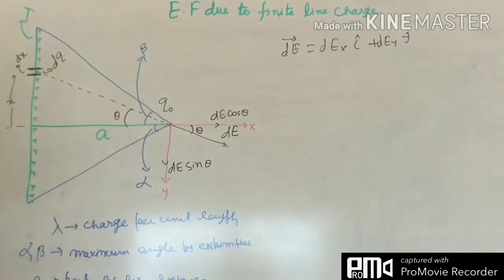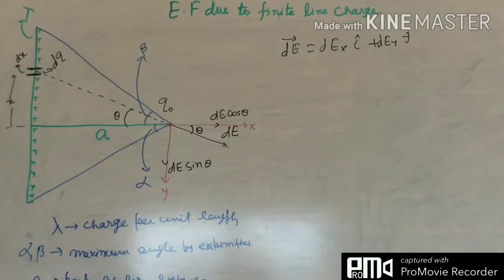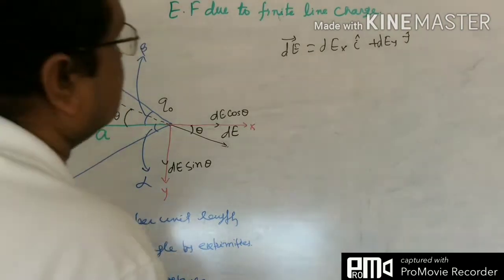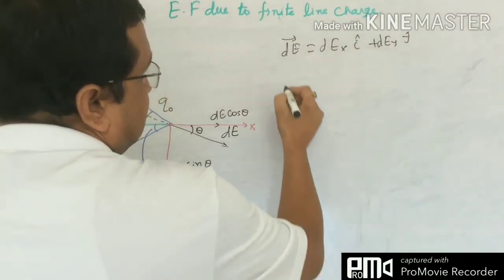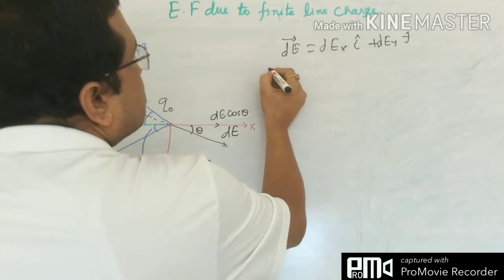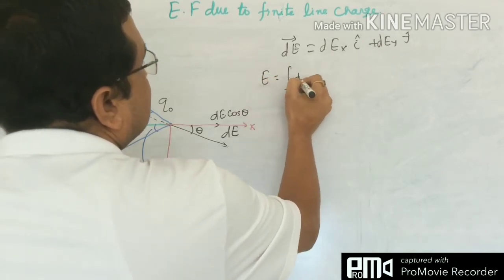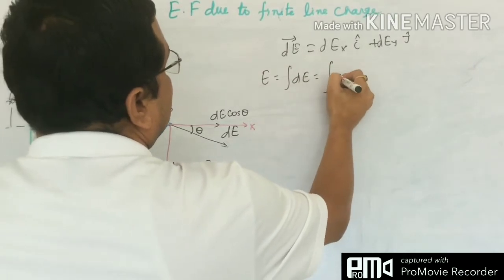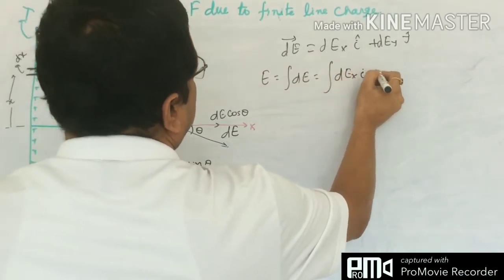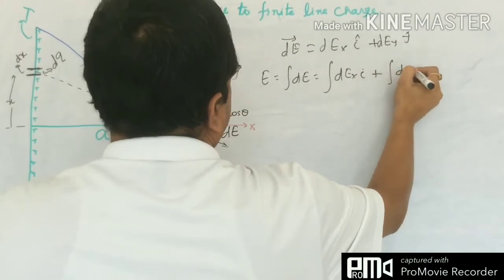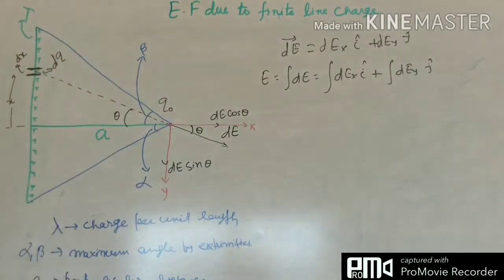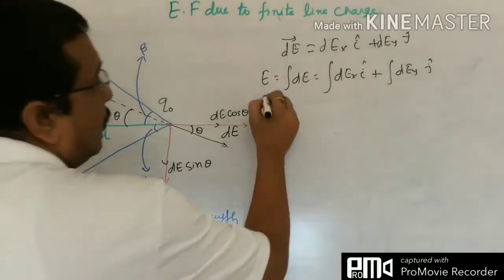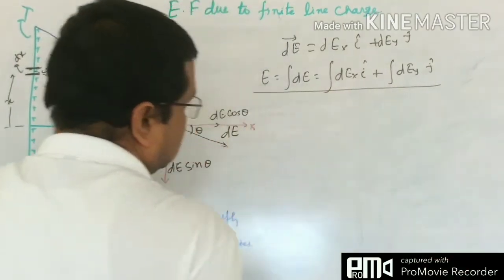So we have to calculate dEx and dEy separately, then we can find the value of E. So E will be the integration of dEx into i plus the integration of dEy into j. In this way we can find the value of electric field. Now check separately how we can find it.